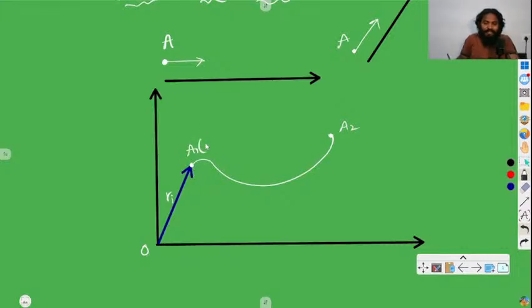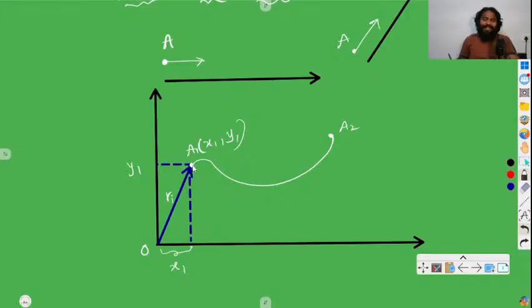For example, if this particle is at x1 comma y1, what is the meaning of x1 comma y1? If you observe from the origin, on the x-axis and also the value of the same particle on the y-axis. From the origin to here it is the distance y1, and here the distance x1, right?